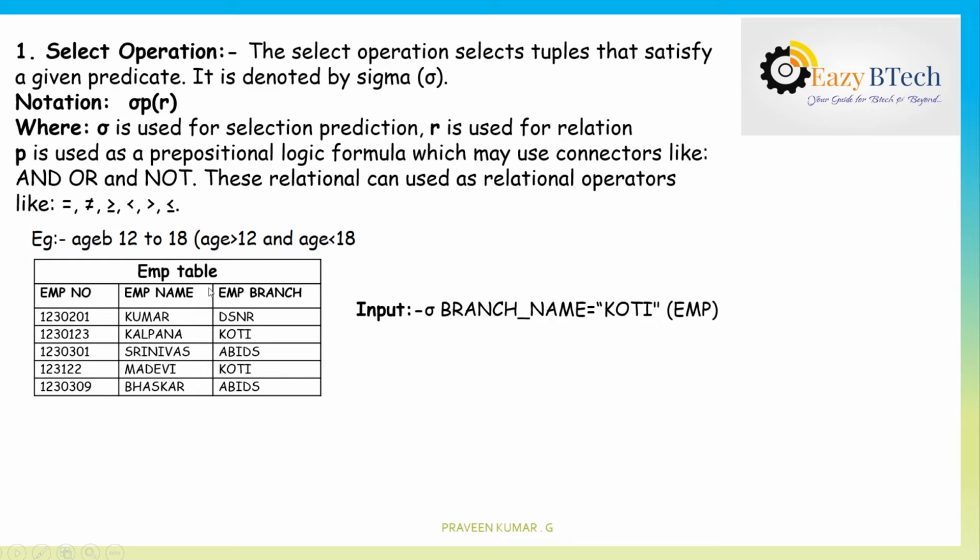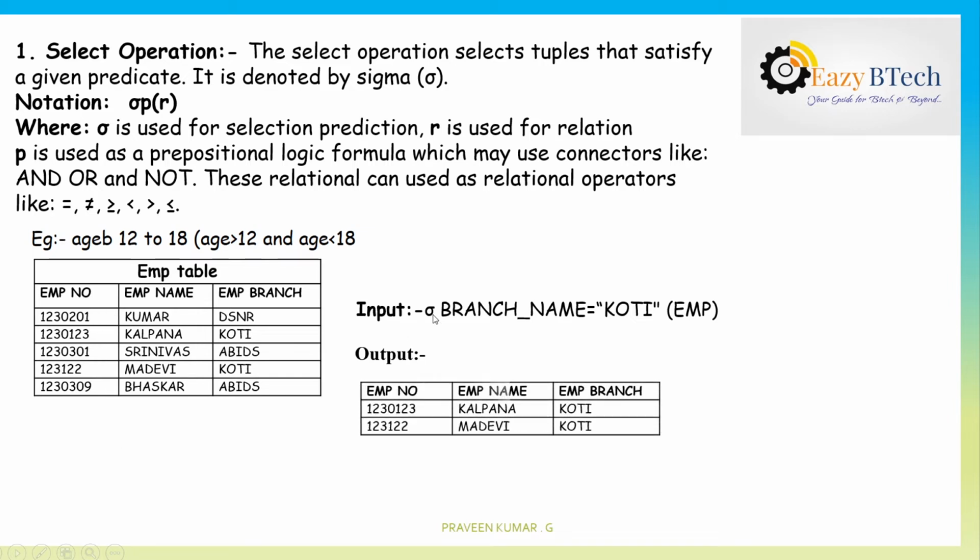Now another example: the employee table has employee number, employee name and employee branch. We have a total of 5 tuples. We select where branch name equals quote from employee.